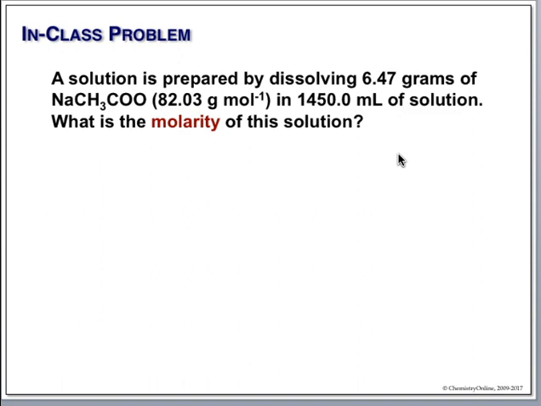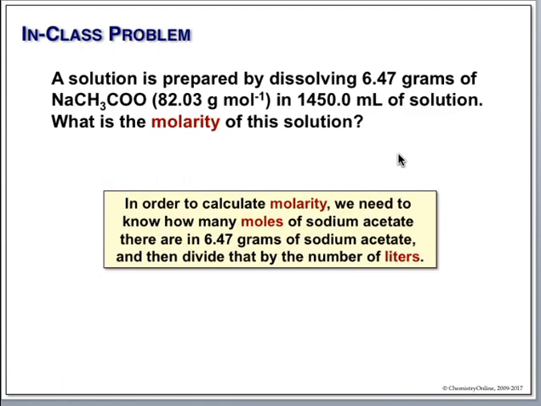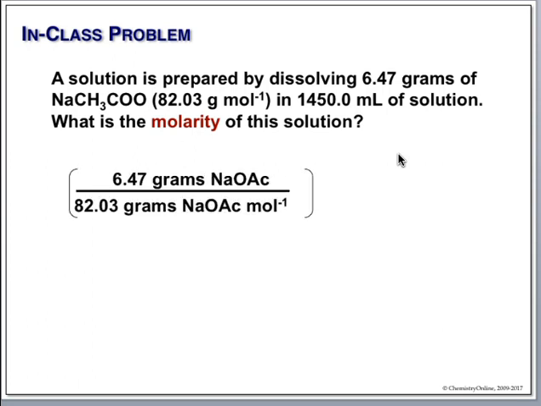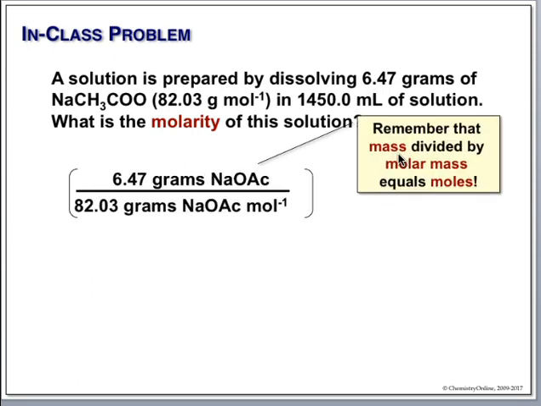First of all, we need to figure out how many moles we have. Then we need to convert our milliliters to liters. The number of moles is simply going to be mass over molar mass. The number of liters, we're going to take our milliliters divided by 1,000.